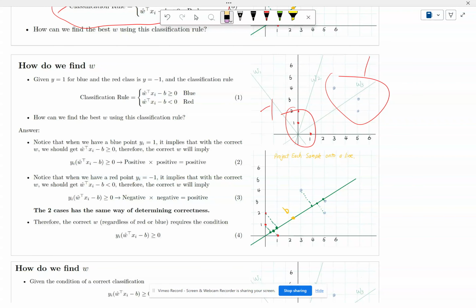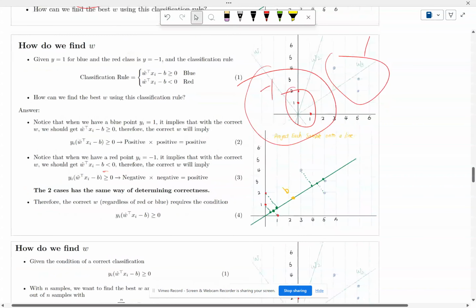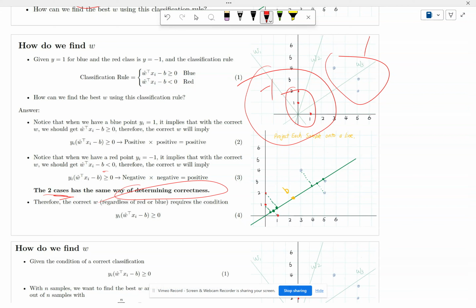Now, notice in the second case where we have the red points, where y is -1, it implies that with the correct w, we should get this, which is the second condition. Therefore, this part must be negative. A negative times another negative will give us a positive again. So this implies that the two classes have the same way of determining correctness.